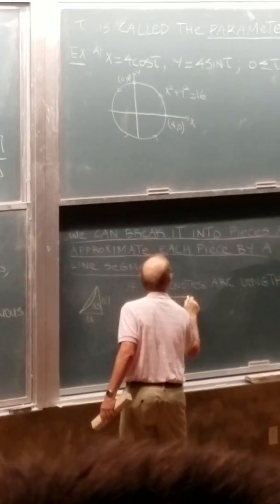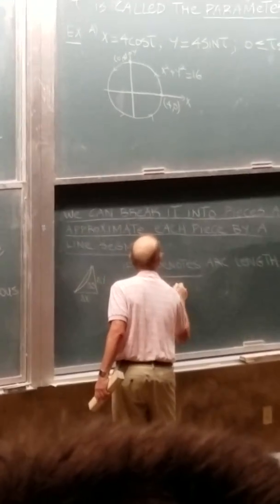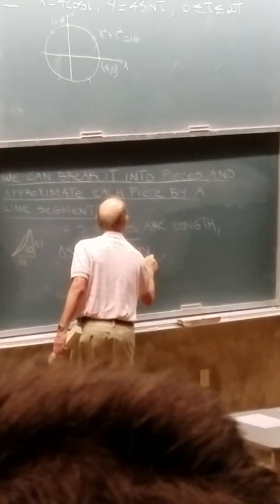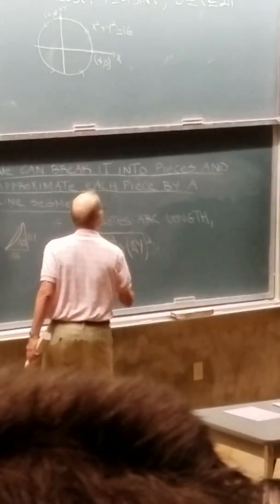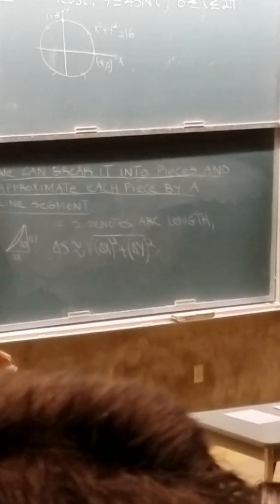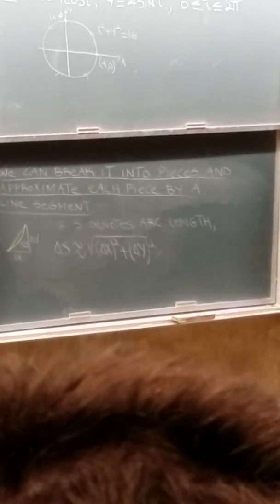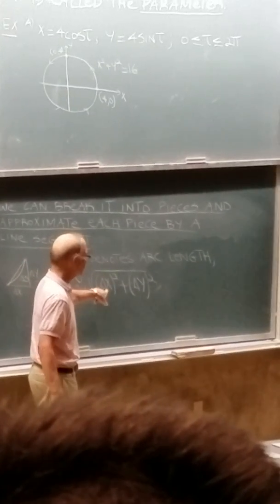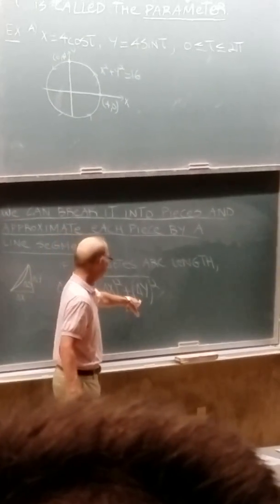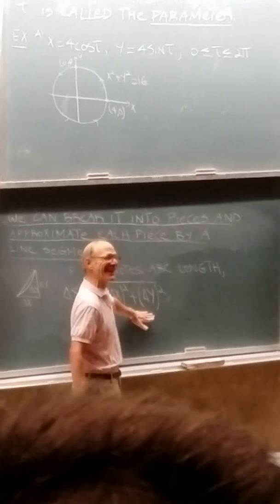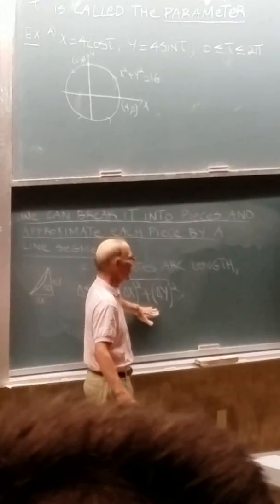And by the Pythagorean theorem, that's the square root of delta x squared plus delta y squared. Now, what I've written down here is really just the distance formula in disguised form. That's the formula for the distance between two points: you just take the square root of (x2 minus x1) squared plus (y2 minus y1) squared. So here I'm just using the distance formula, or equivalently the Pythagorean theorem.